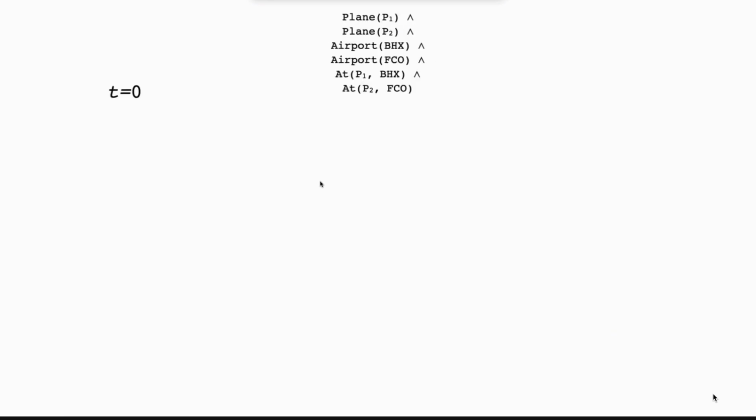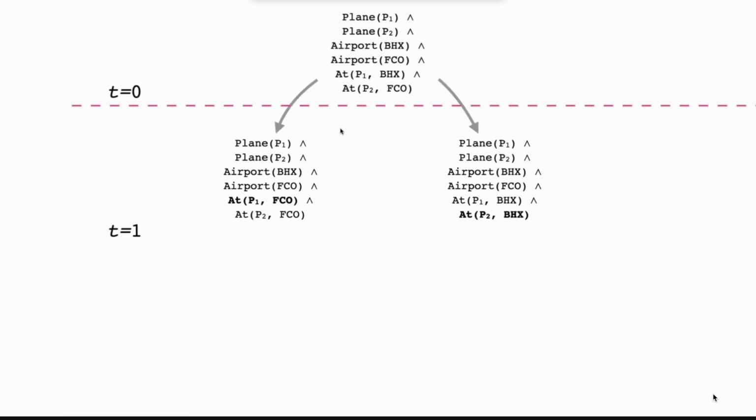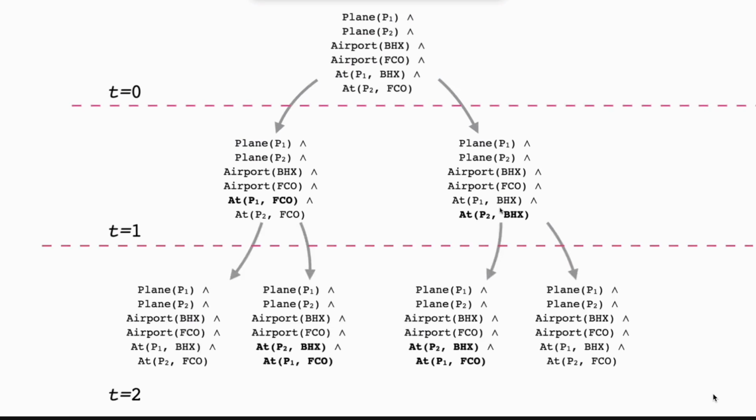At time T1, we can either have the plane P1 at FCO, or we could have P2 at Birmingham. The only way we can get the swap is to see the swap at time T2. So it's only down here that we either see the planes back where they started, or we see the planes swapped over.